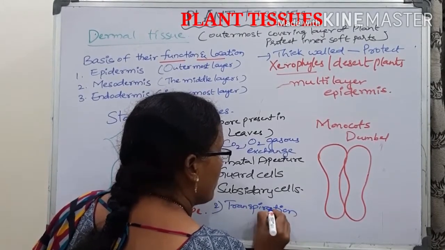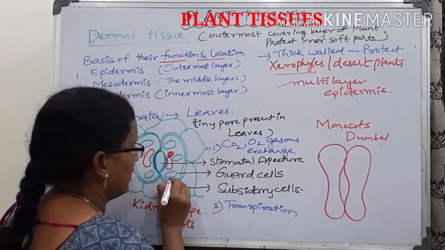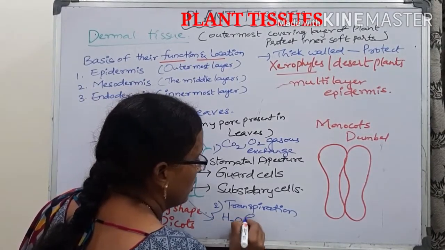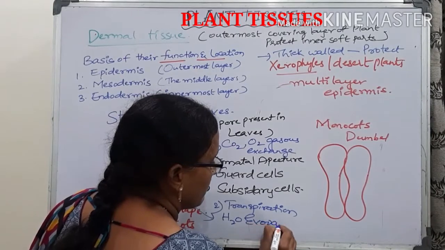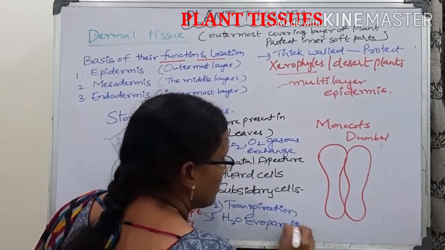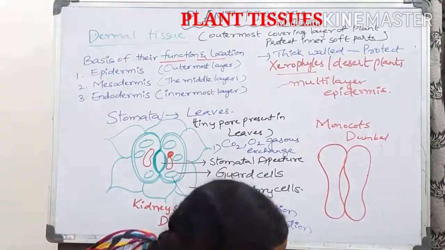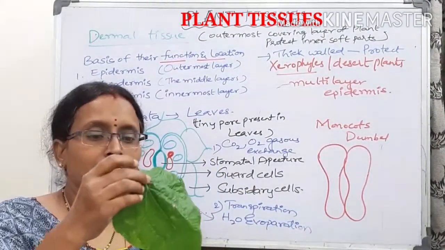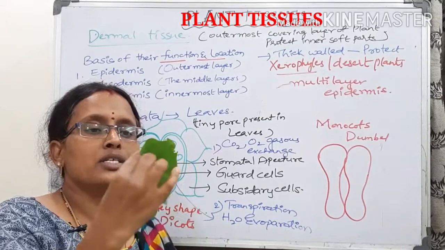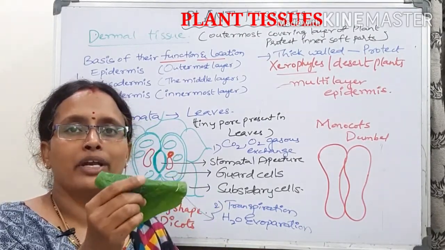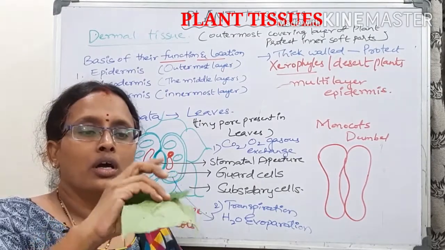Water is evaporated through the stomata. Water evaporation through the stomata, that process is known as transpiration. If you see this leaf, the stomata is present in the lower epidermis. This thick colour is known as the upper epidermis, and this is called the lower epidermis.